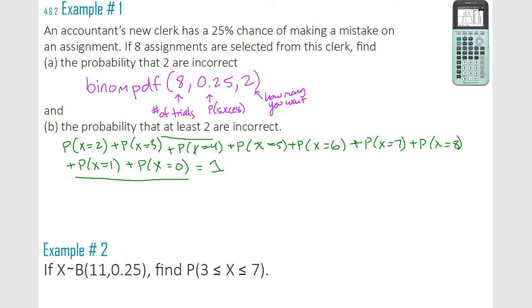Essentially I want the probability of 1 plus the probability of 0. So 1 or less. We can do that, and then we take that value and subtract from 1. So again, we're doing 1 minus the probability that x is less than or equal to 1.